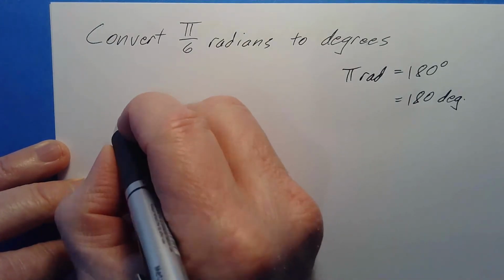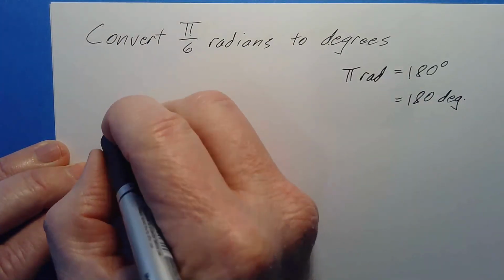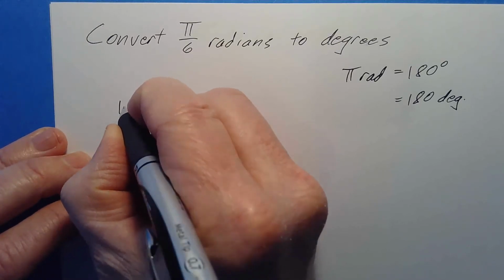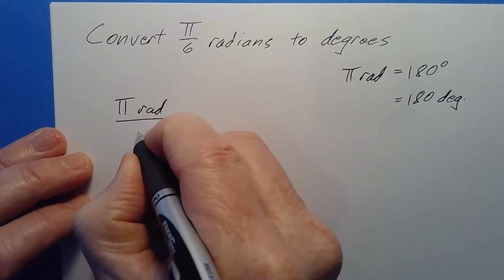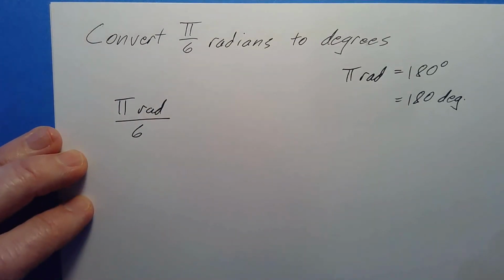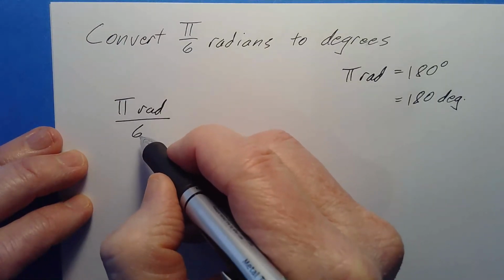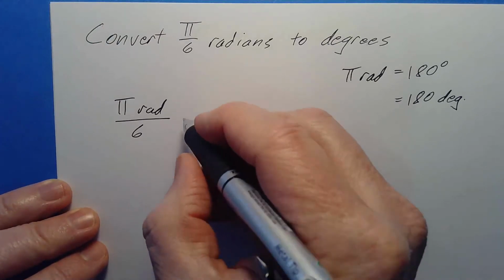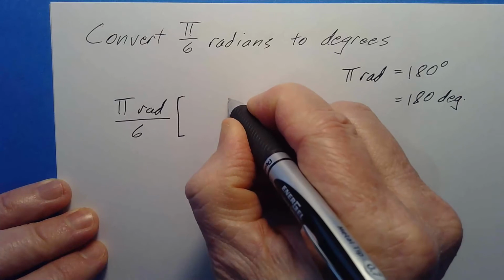First we start with the number we have, pi over 6. It's going to be easier if we can make everything look like a fraction. So I'm going to say pi radians over 6. Pi over 6 radians is like saying pi times radians over 6. Now I'm going to convert, and I always like to put my conversion factor in square brackets.